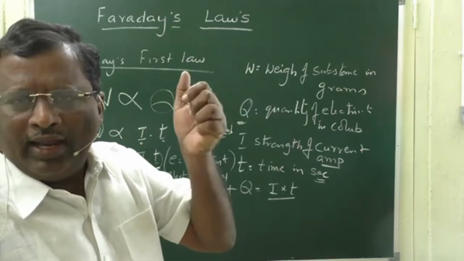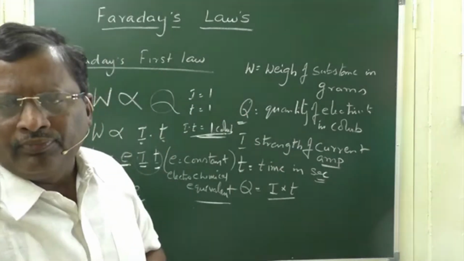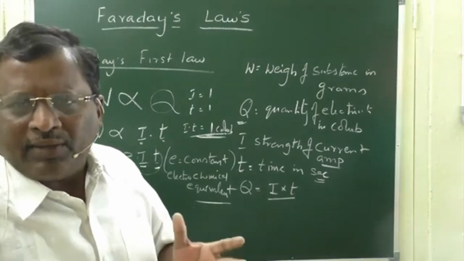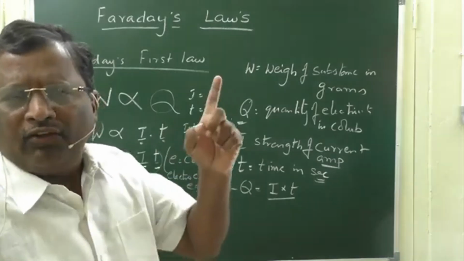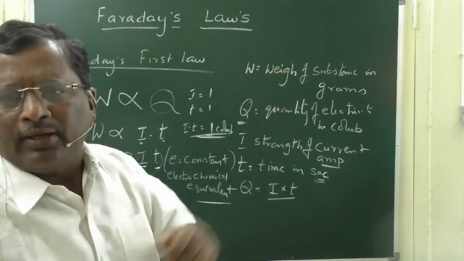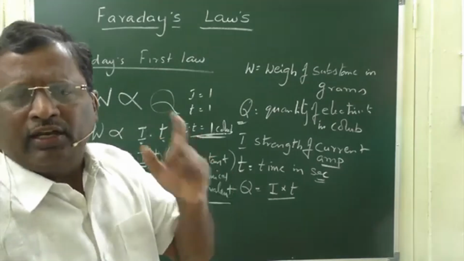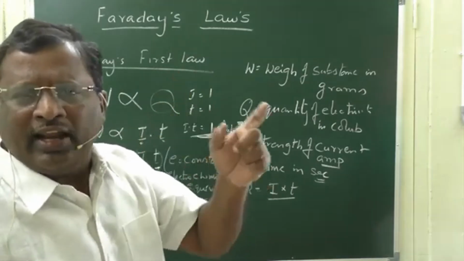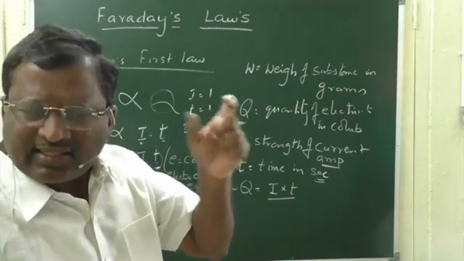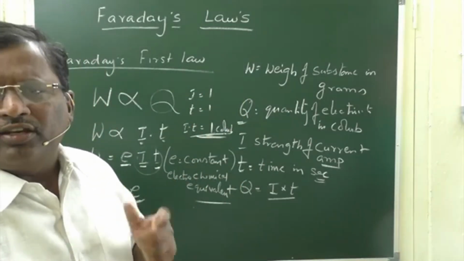For example, if x grams of copper is deposited with 1 coulomb of electricity, x is the electrochemical equivalent of copper. If x grams of silver is deposited with 1 coulomb of electricity, that x is the electrochemical equivalent of silver.